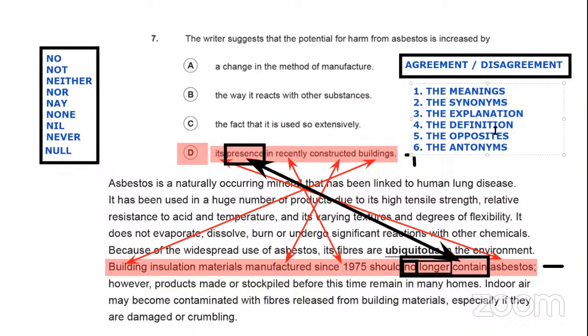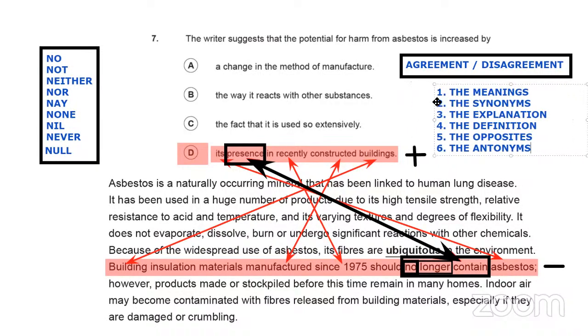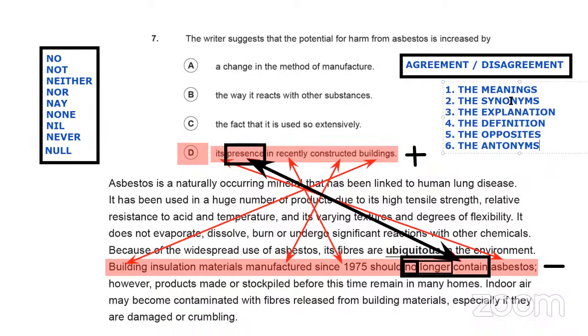So he may use the meanings, the synonyms, the explanation, the definition, the opposite words. I'll tell you what these actually are, then you can identify very easily. Your mind should think very fast for this. Then the next one, he may use the negation. So totally 7 points, 7 points in all.